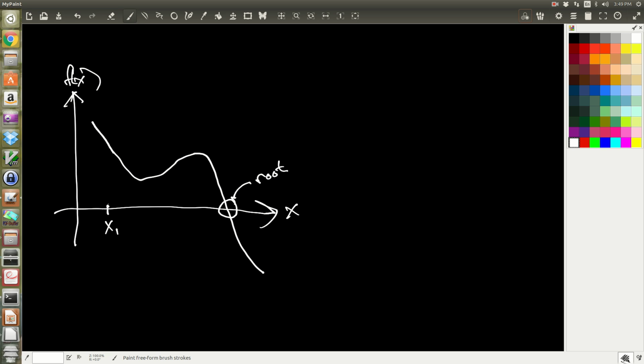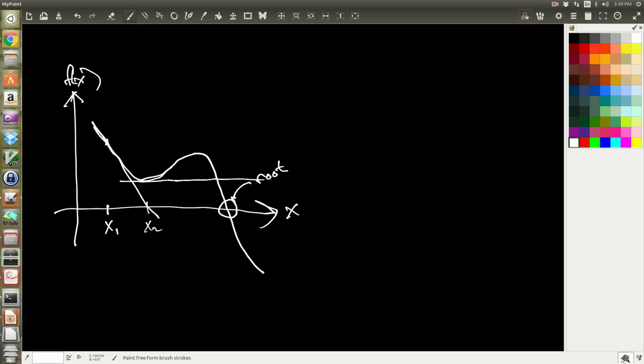Alright, so if we were going to make this our first guess right here, the root finding methods look for a root by drawing a tangent line to the function and finding where that tangent line crosses the x-axis. This would be x2. But the way I've drawn this here, you see this has come to a point where we've got pretty much a zero slope. So where does the tangent line look like here? Well, it looks something like this.